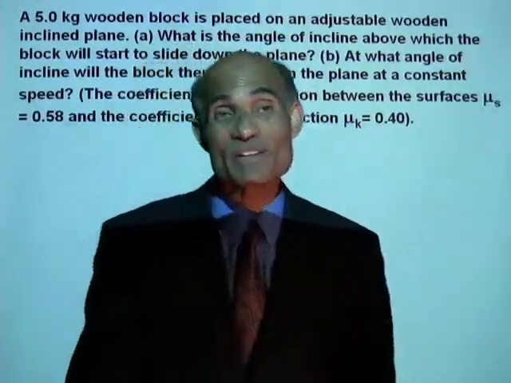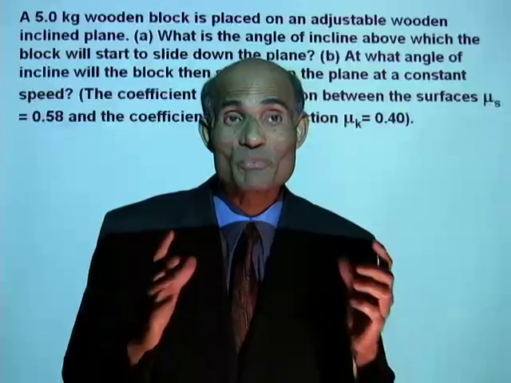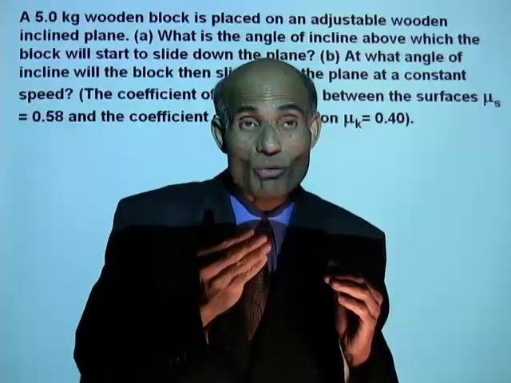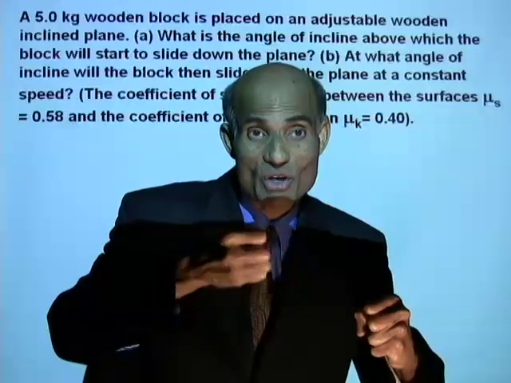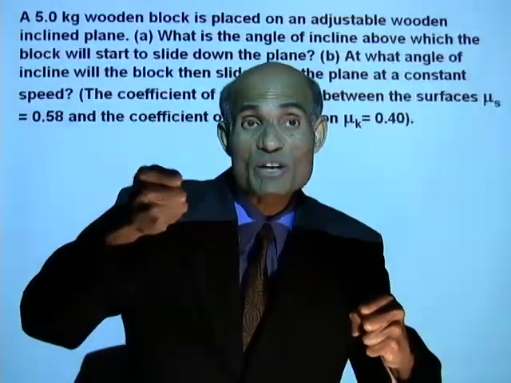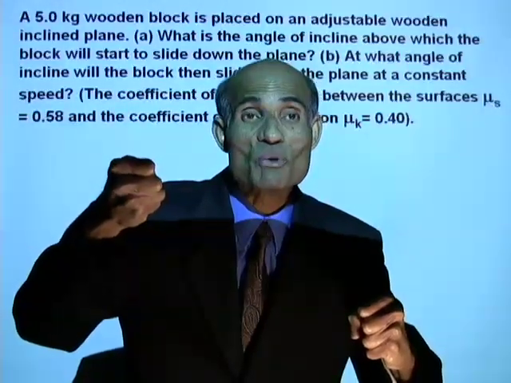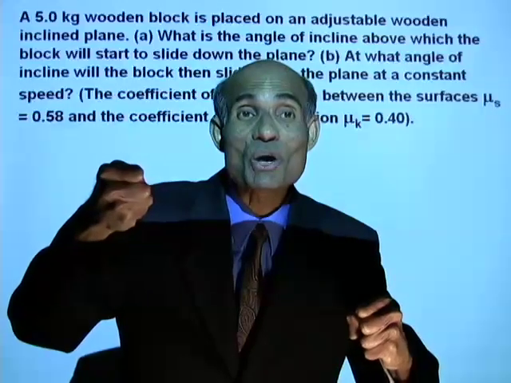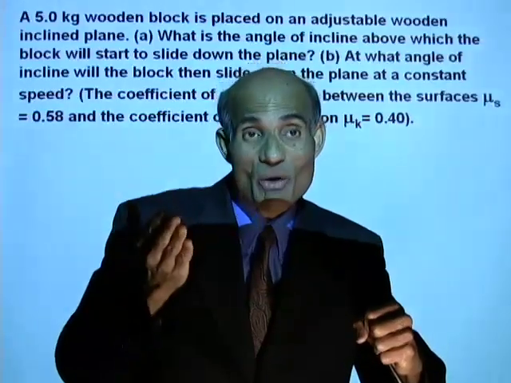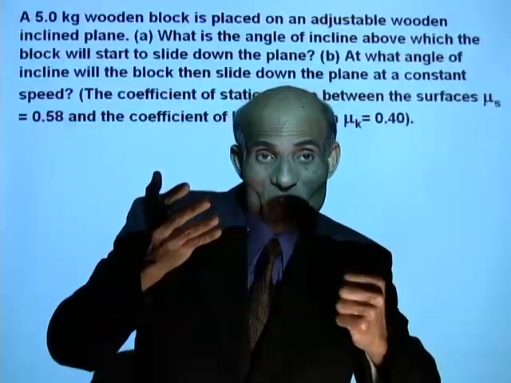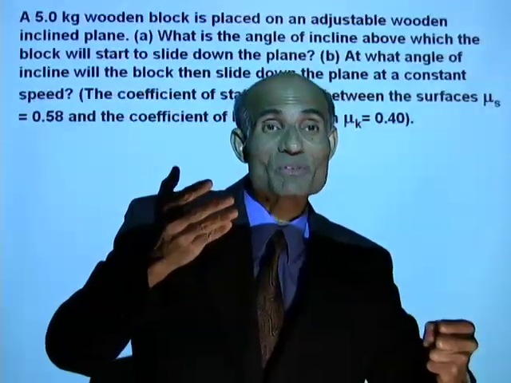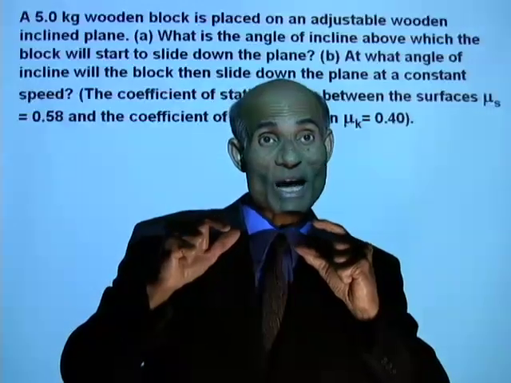You remember in the previous lecture I told you, at a particular angle, the mg sine theta down the plane will be exactly balancing the frictional force mu mg cos theta. Now, if the angle is greater than that, then it will begin to slide down. So you need to find that critical angle.